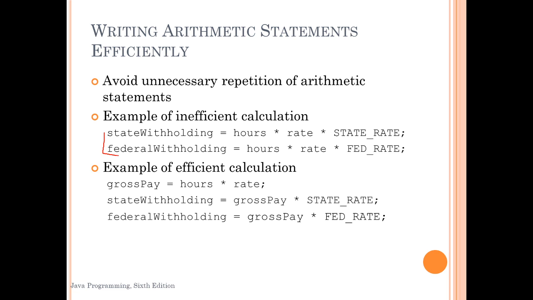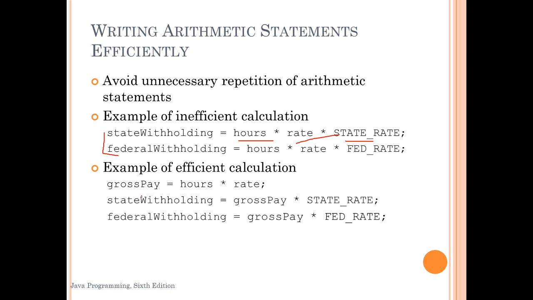What is the difference? Example of inefficient calculation: multiply, multiply, and multiply. Now this is an example of efficient calculation. We are trying our best to make our calculation like this, for gross pay.